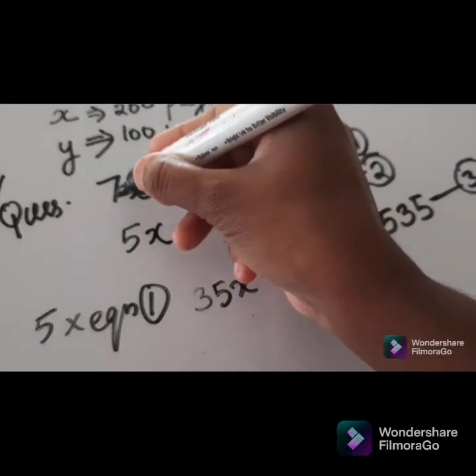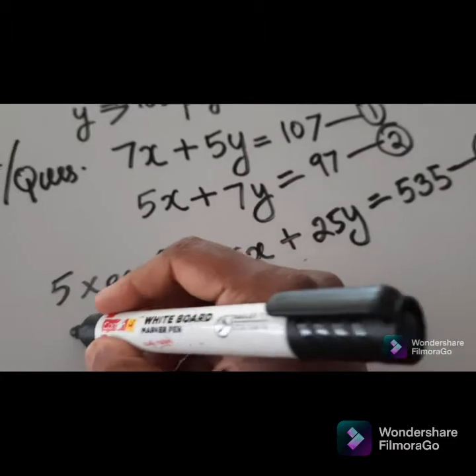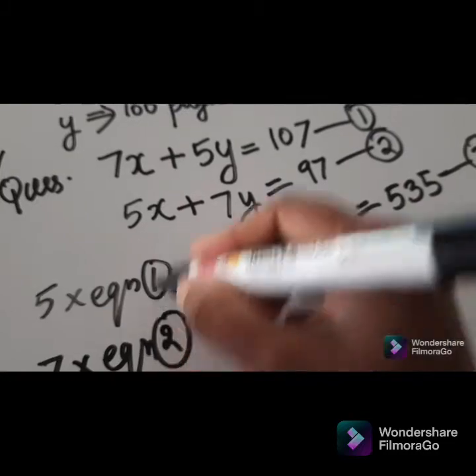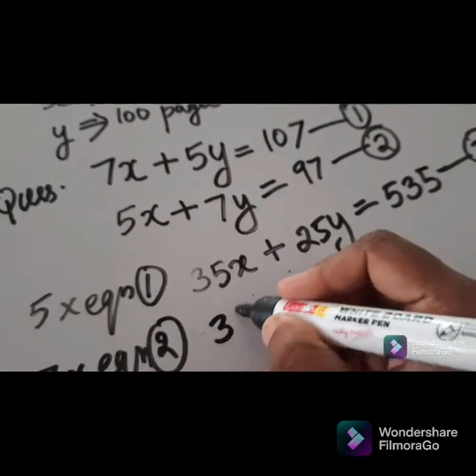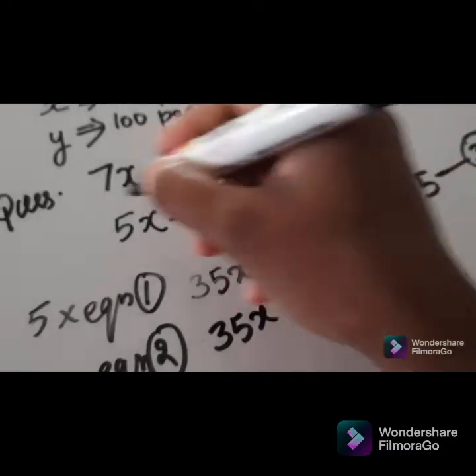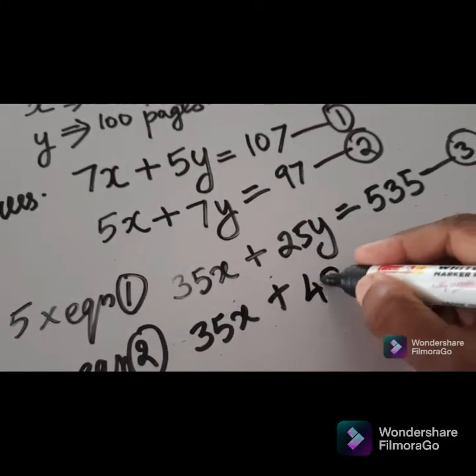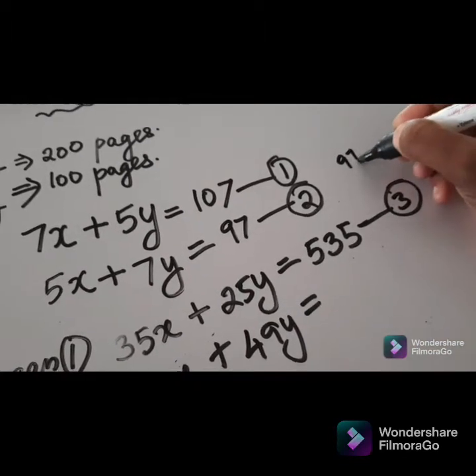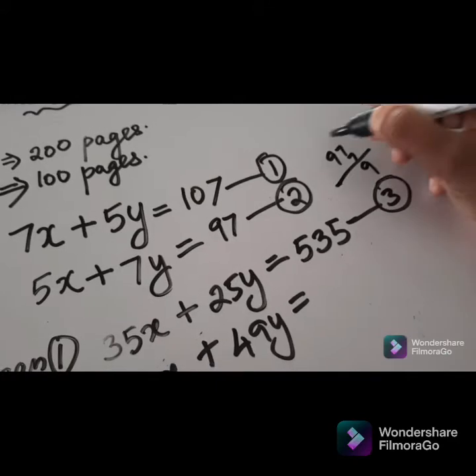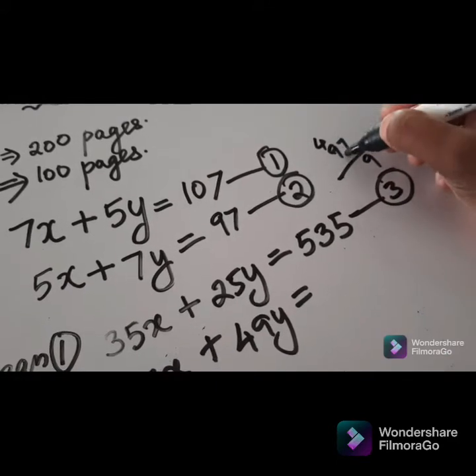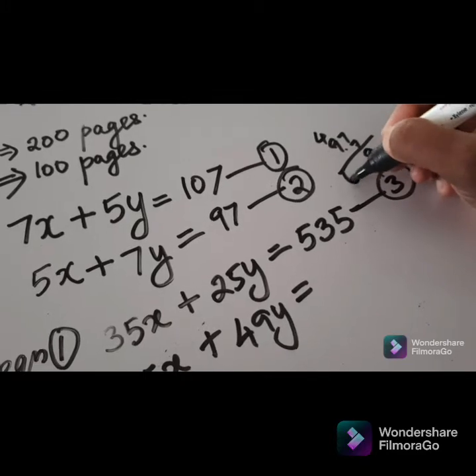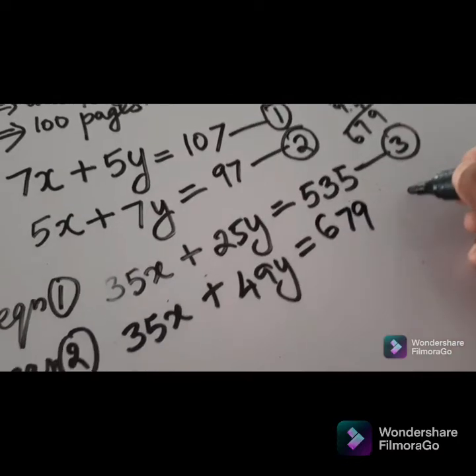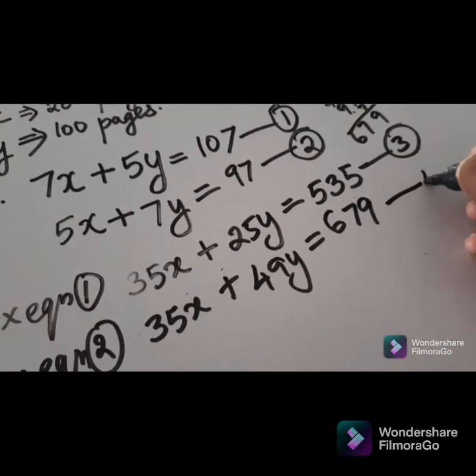Now we multiply 7 with the whole of equation 2. 7 5s are 35x plus 7 7s are 49y. Then 97 into 7: 7 7s are 49, 7 nines are 63, 63 plus 4 is 67. So we get 679. We write this as equation 4.